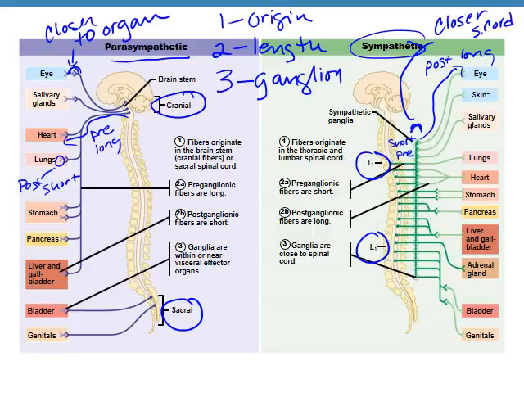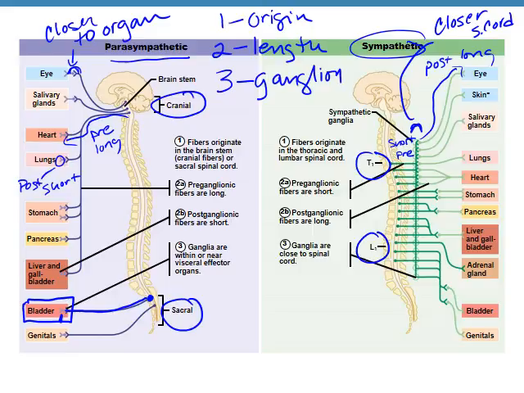We'll learn why in just a moment, but what you should see is the parasympathetic, I call it more specific. So if I have a nerve coming out of the sacral region, it goes directly to the organ before it synapses with the post-ganglionic neuron or post-ganglionic axon.